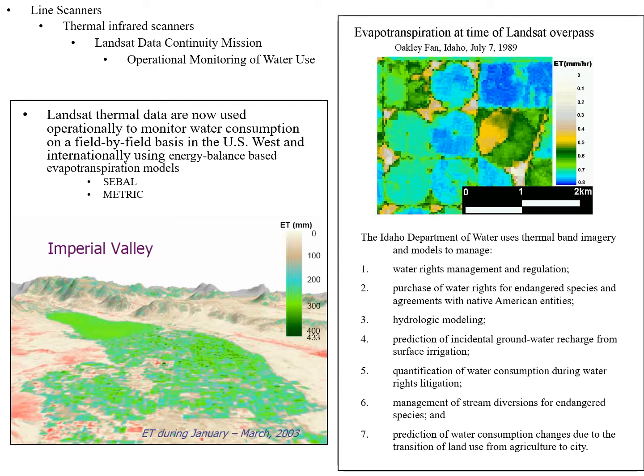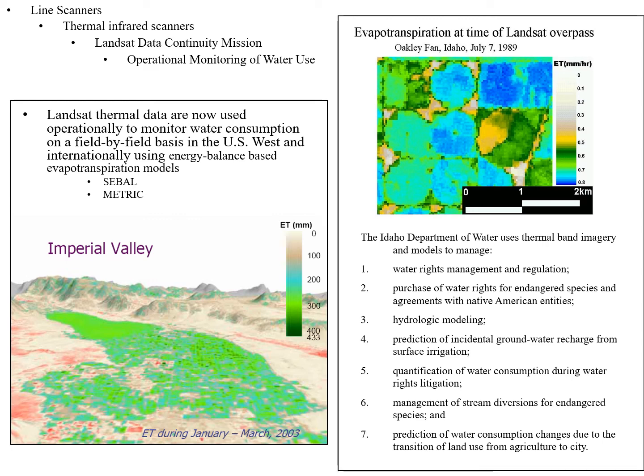They use it for prediction of groundwater resources or groundwater recharge from surface irrigation, quantification of water consumption during water rights litigation to see if people are diverting more water than they're legally allowed to. Management of stream diversions for endangered species.